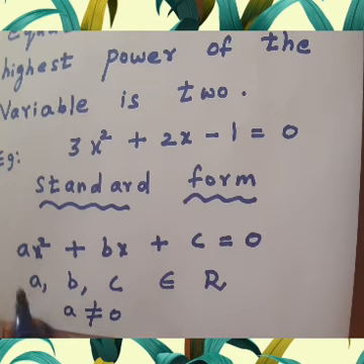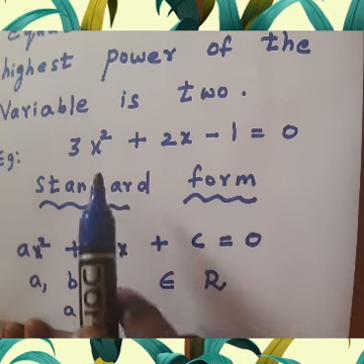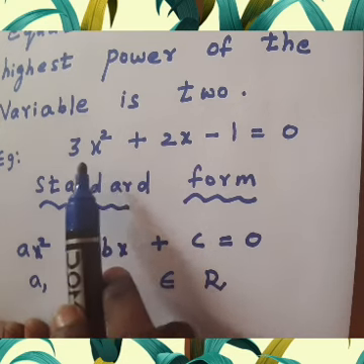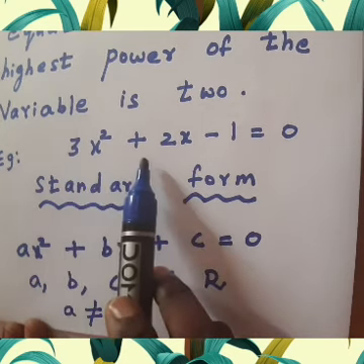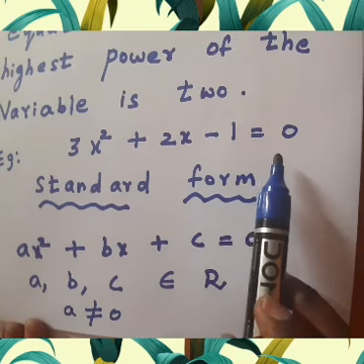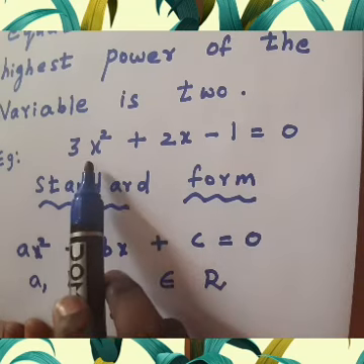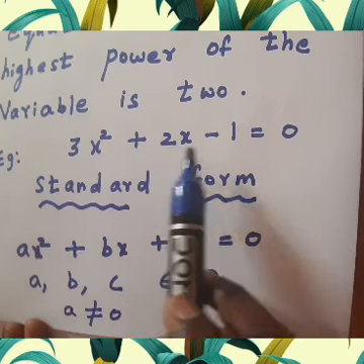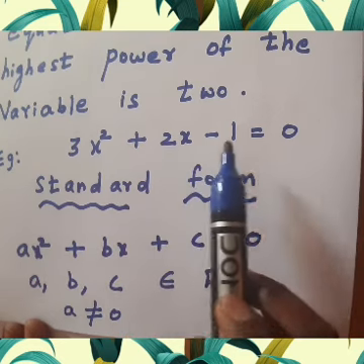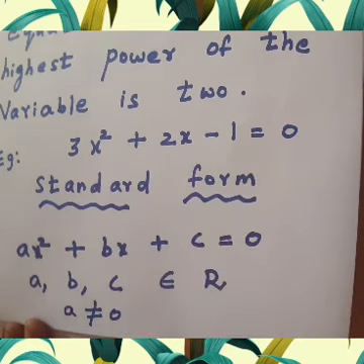Okay, students, this is the standard form of the quadratic equation. If you compare with this example, 3x square plus 2x minus 1 is equal to 0, it is of the form ax square plus bx plus c is equal to 0.